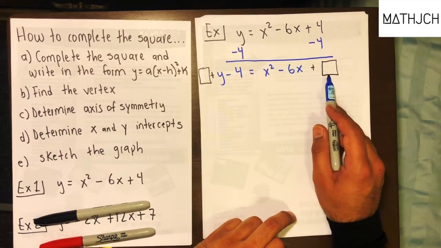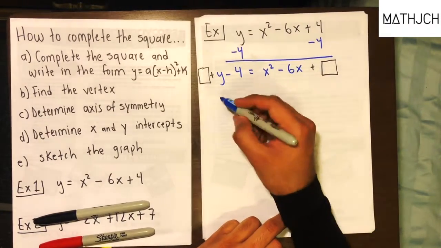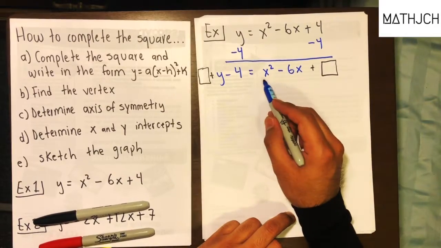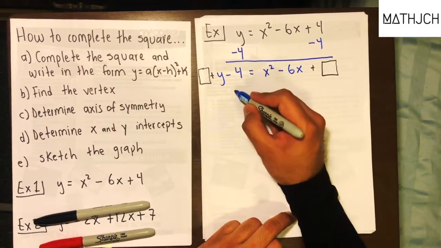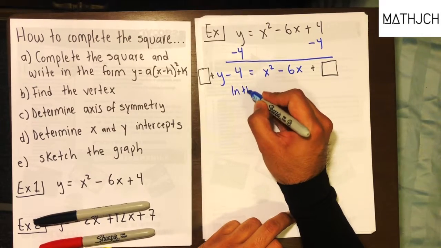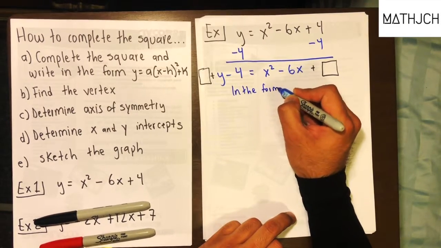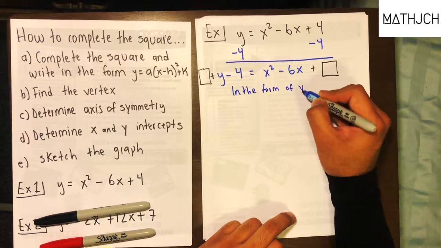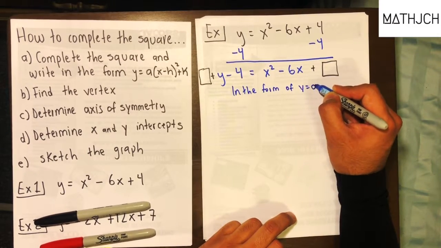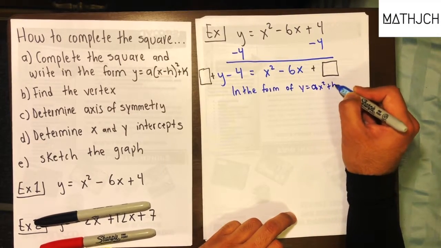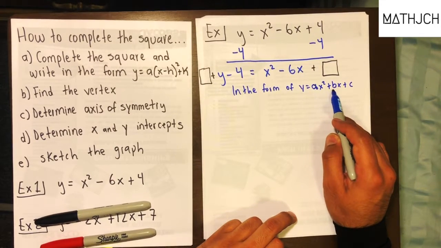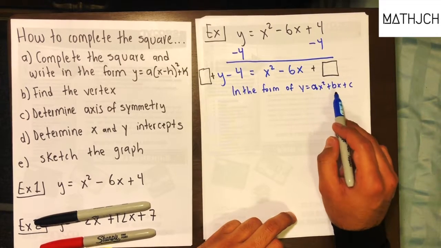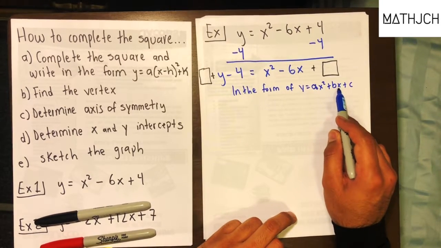To find this number, remember that this function is in the form of y equals ax squared plus bx plus c. Our b value, which is the one we're going to use to find the missing number, is the number in front of the x.